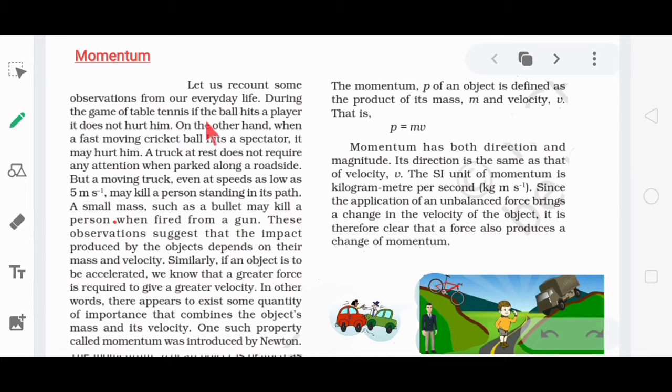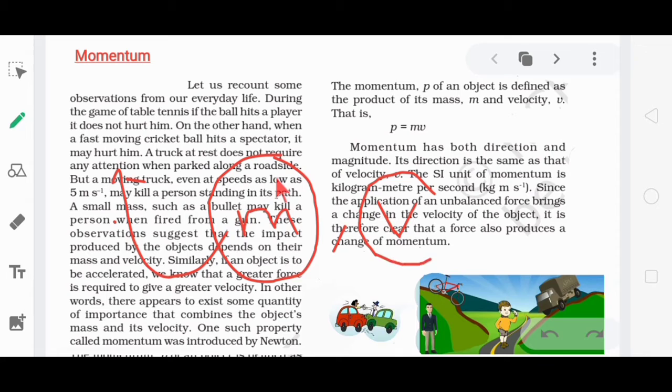These three observations suggest that the impact of a force depends on two terms. First is mass and second is velocity. In the first case, the cricket ball has higher mass in comparison to the tennis ball and it hurts more.